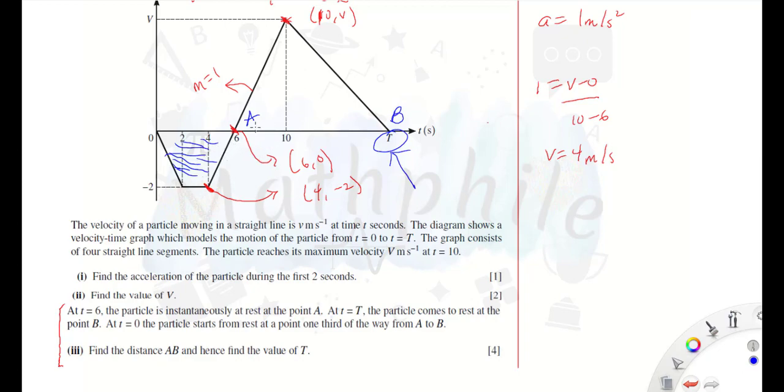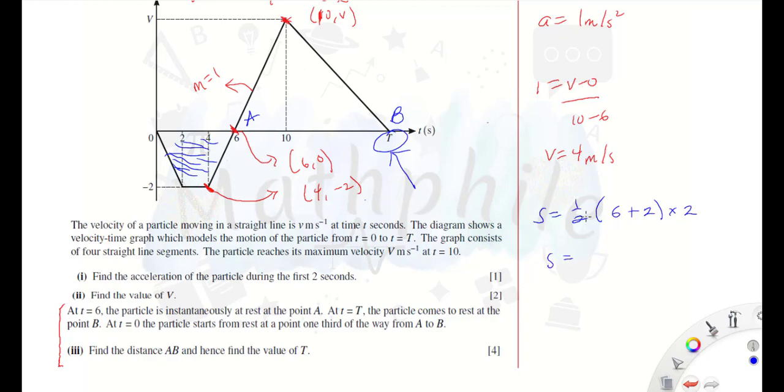So if I can find this distance, I can find the total distance I'm looking for. So let's find that distance. S is equal to the area of the trapezium. In this case, it's going to be 1/2 times the sum of the parallel sides. This is going to be 6 plus 2, times 2. I'm not using -2. Why?